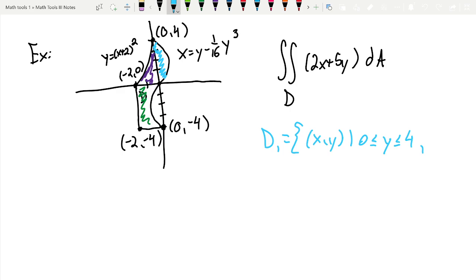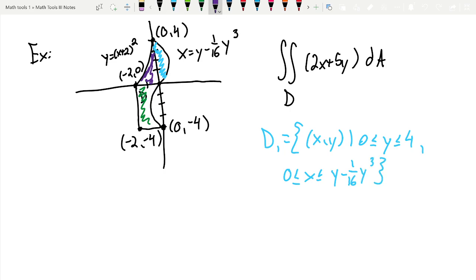Maybe not impossible, but I think it would definitely be tricky. So let's try to not do that if we can. So x then is going to be between 0 and whatever that function is, so 0 less than or equal to x, less than or equal to y minus 1/16 y cubed.